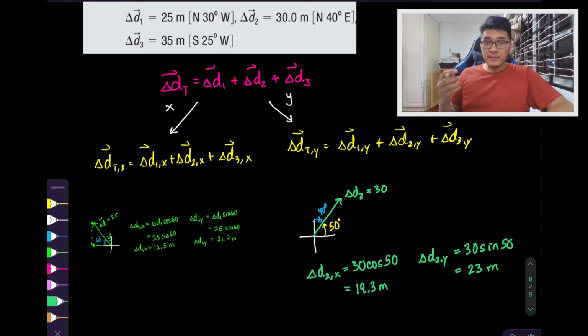But again, it gets annoying because these are vector components and they have directions. So the x component from this diagram points to the right and the y component points up. So that's going to be useful later on.